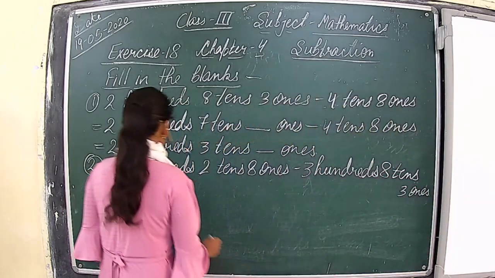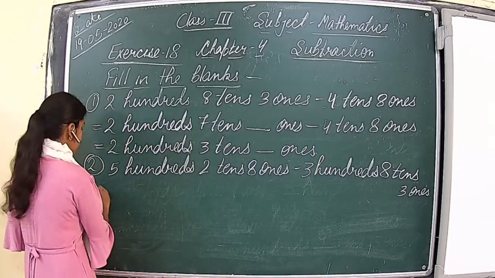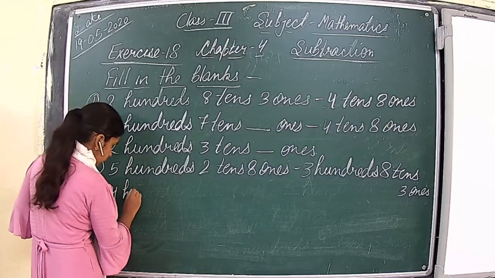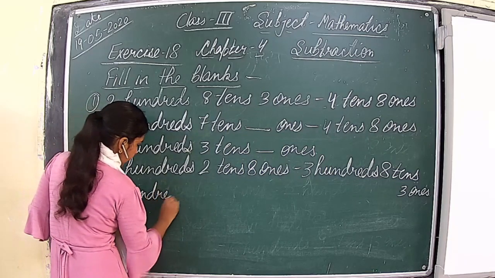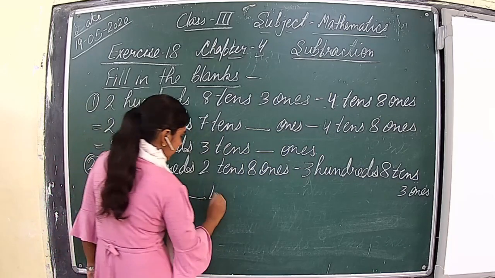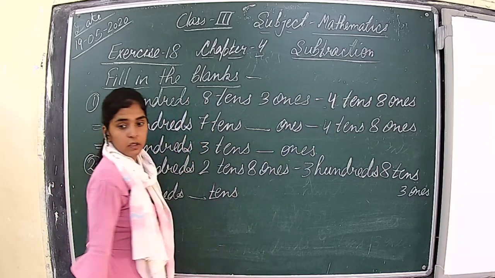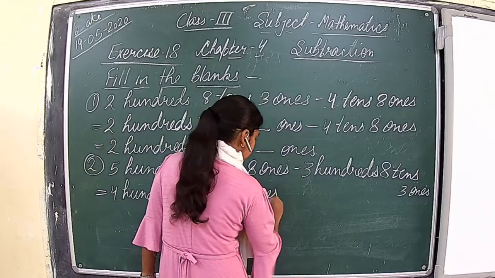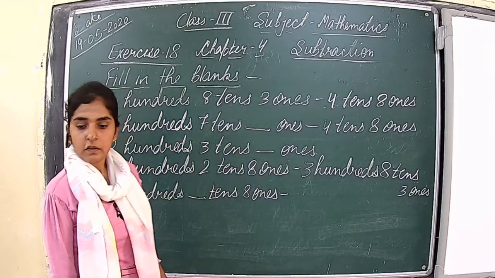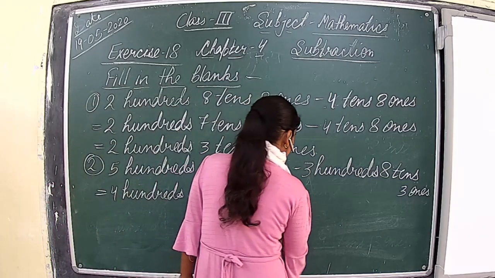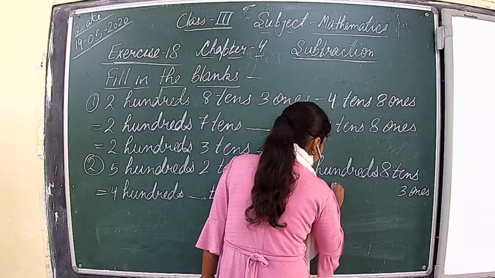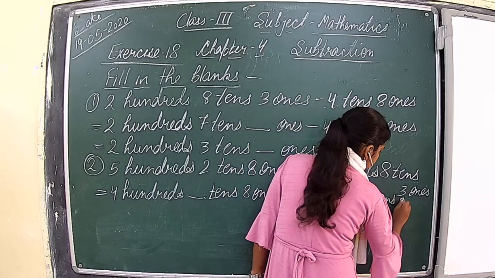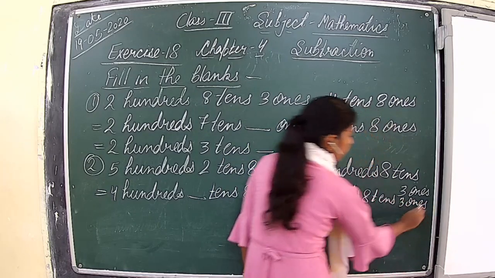It is equal to 400, 10 and 8 ones minus 300, 8 tens and 3 ones.